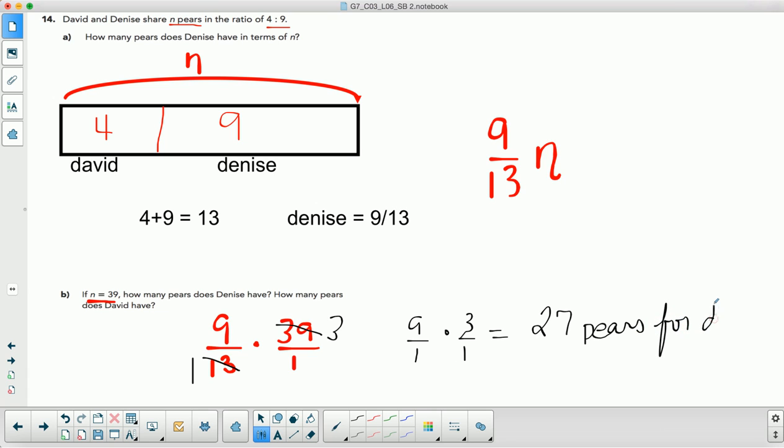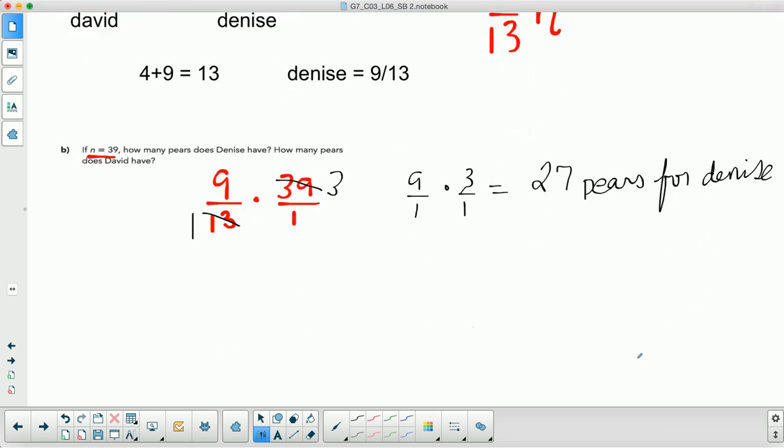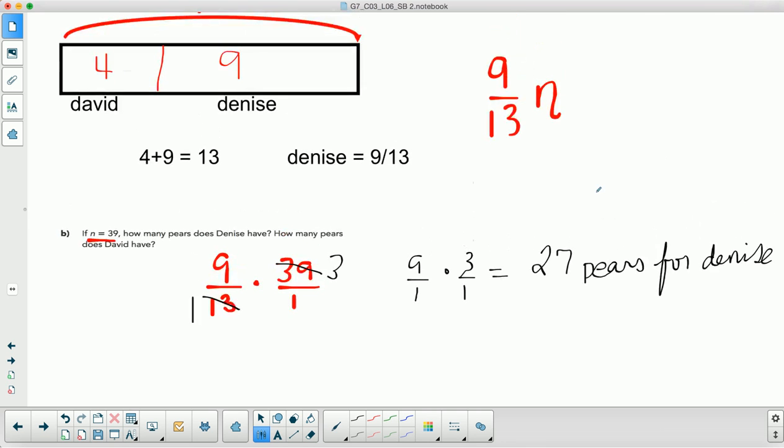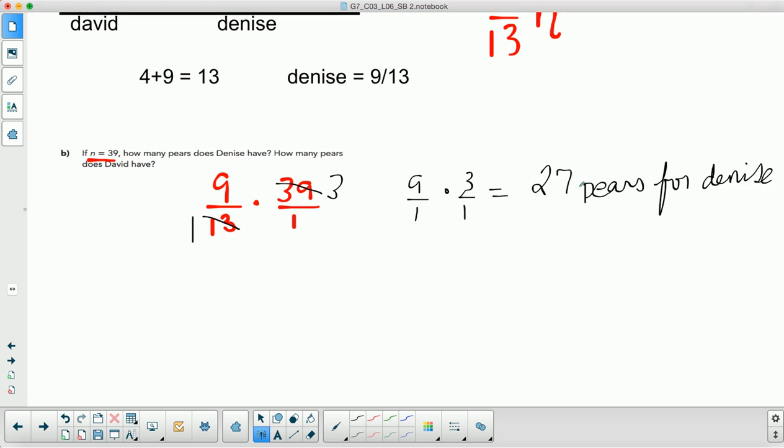Now, we have to start thinking about how many pairs David has. So looking at this piece of information right here, we say, okay, if Denise has 27 and the total number of pairs was 39, that means all we have to do is find the difference to see what's left over for David.